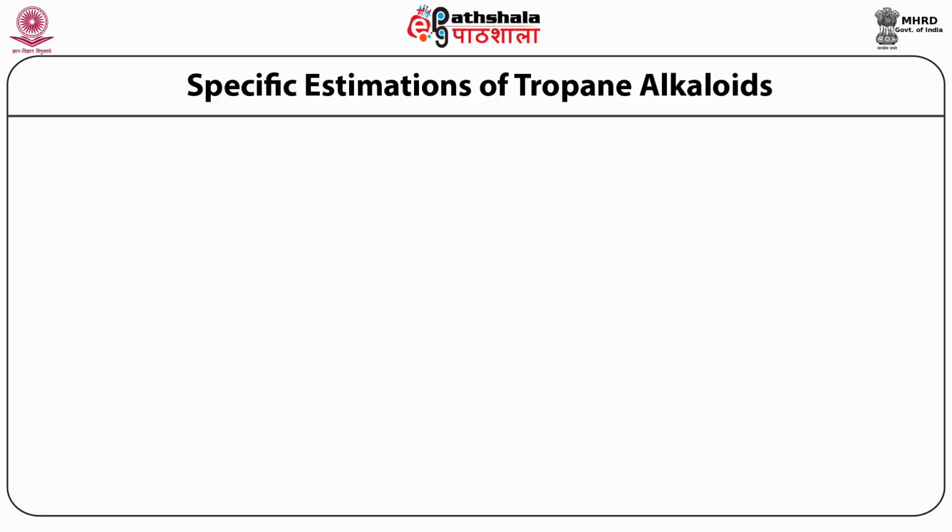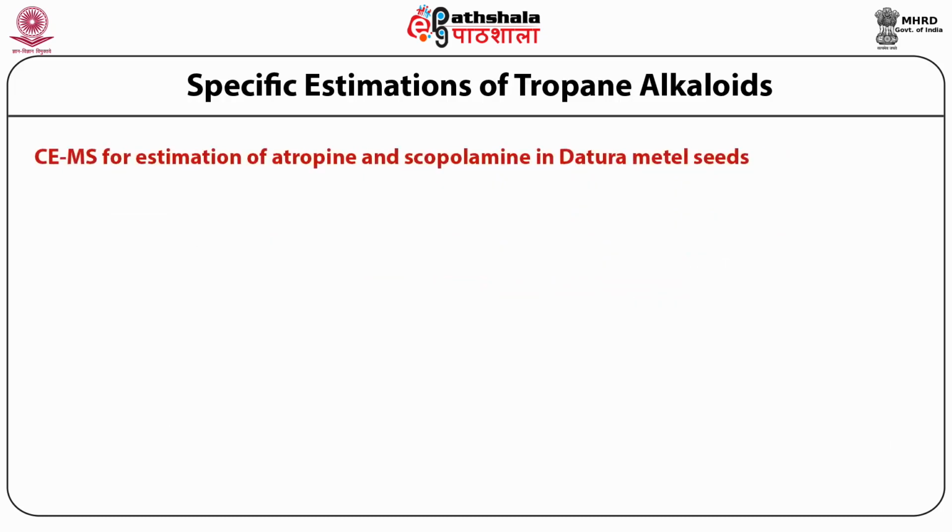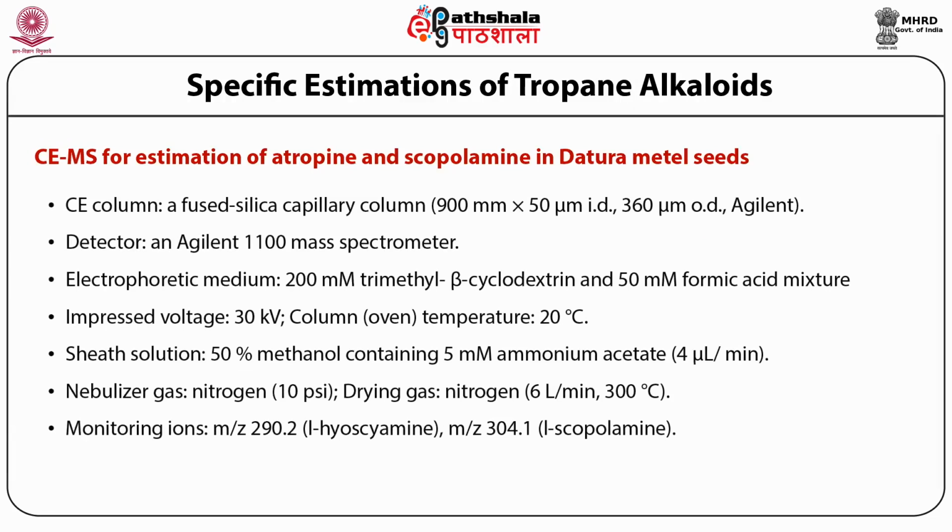This is an example of use of CE-MS for the estimation of atropine and scopolamine in Datura metel seeds. An Agilent system was used, with an Agilent mass spectrometer attached to it.